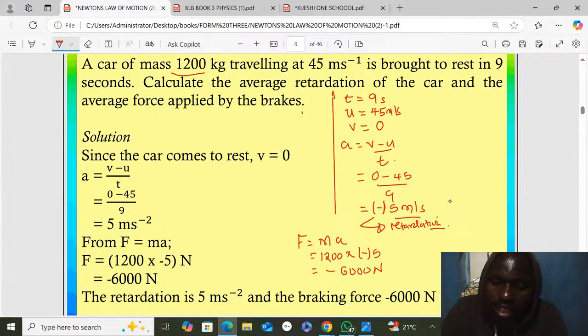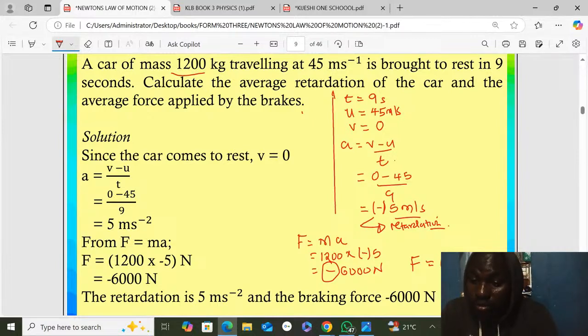Now that you have already shown this negative sign, even if you write that the final answer is 6,000, no problem. But as long as above this answer, the one that is positive, you have already indicated that there was a negative sign, meaning that the body was coming to a stop, it is okay.